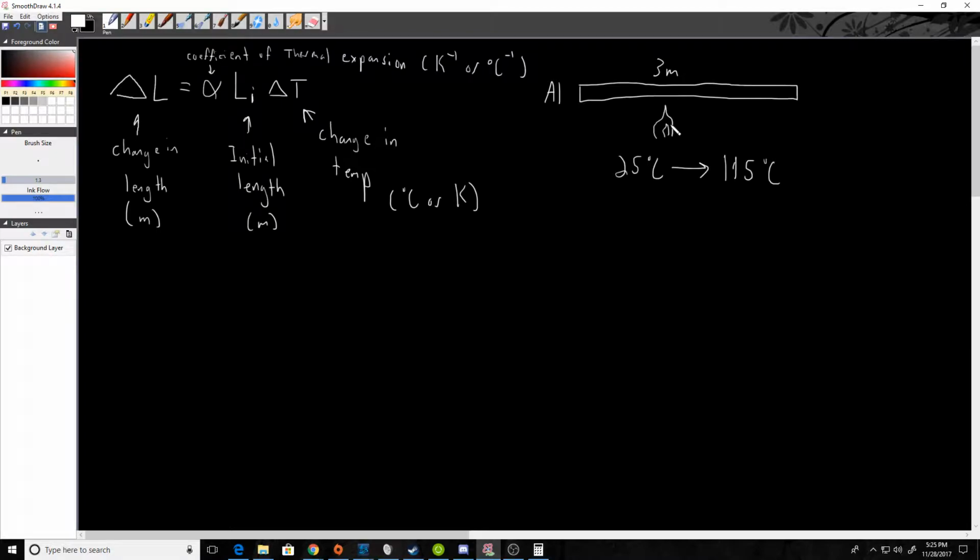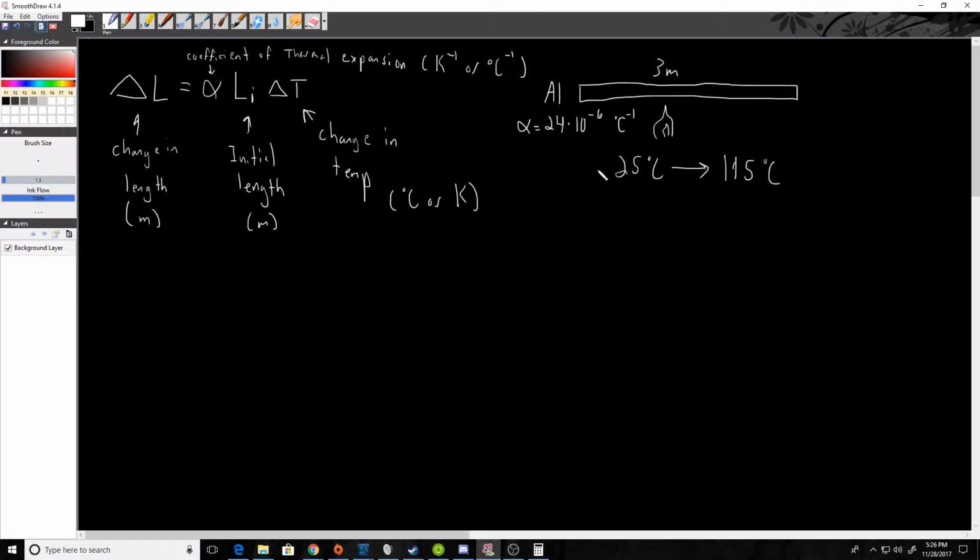And I'm going to check a sheet real quick, and I'm going to find out that aluminum has a coefficient of thermal expansion of, checking the sheet here, it looks like it's 24 times 10 to the negative 6. It is a really, really small number. And that's 1 over degrees Celsius there.